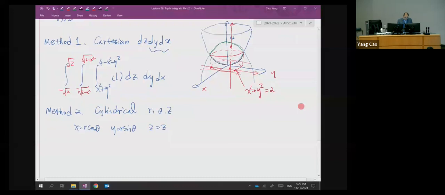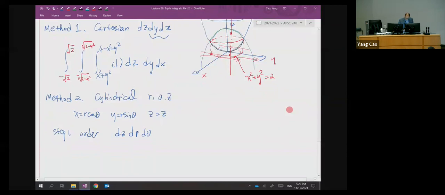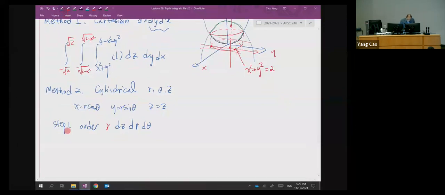First, step one, order. Again, we emphasize that for cylindrical, most of the time you want this order: dz, dr, d theta. And of course, don't forget the r in front of this, right? So you do have r over here.